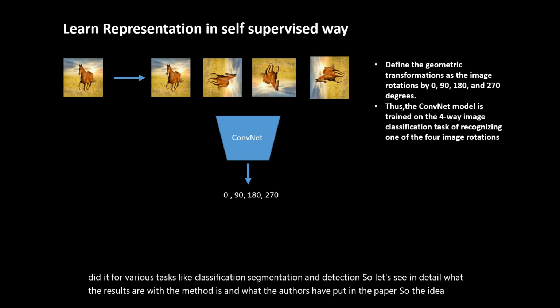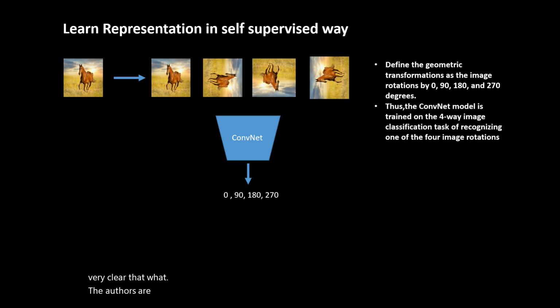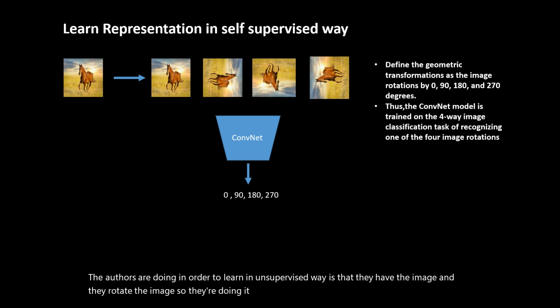From the name itself, learning features by predicting rotation, it's very clear what the authors are doing in order to learn in an unsupervised way. They take the image and rotate it, by multiplying by a factor of 90 degrees: 0, 90, 180, and 270.